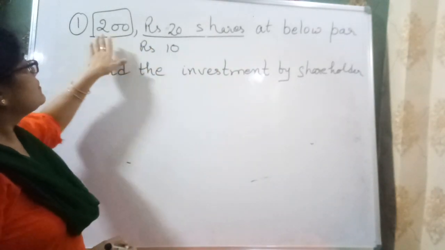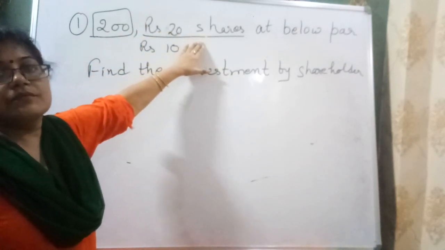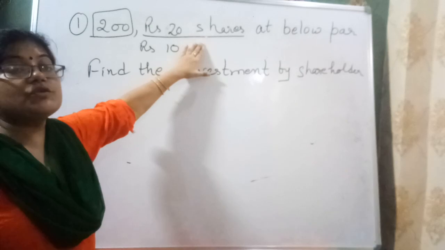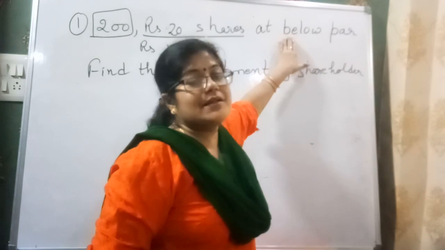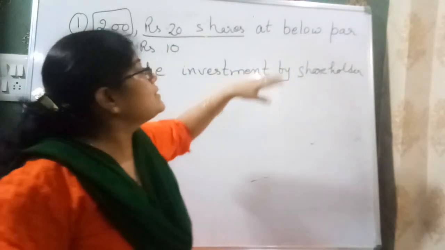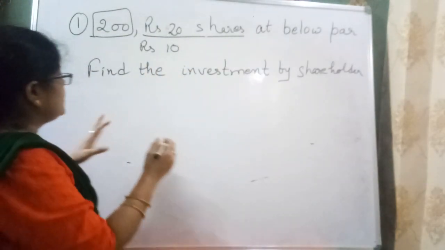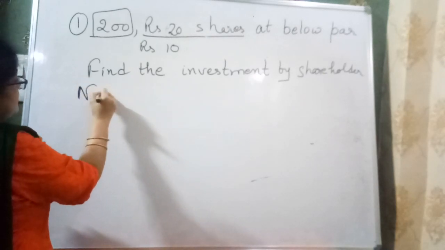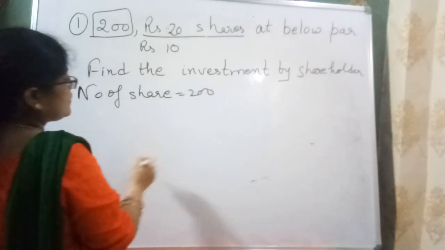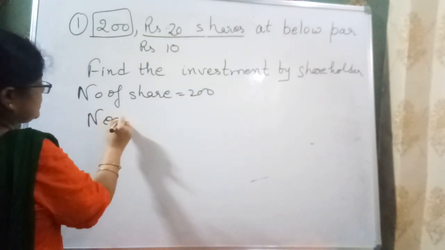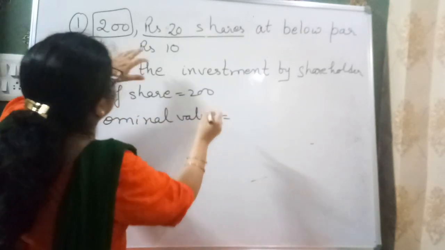There are 200 shares, and the nominal value of one share announced by the company is rupees 20. But the shares are available in the market at below par, that means the price of the share gets decreased. Now just do the analysis. Number of shares: 200. Nominal value of the share: rupees 20.